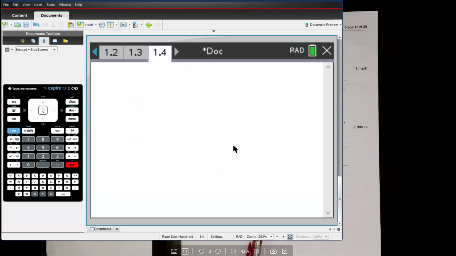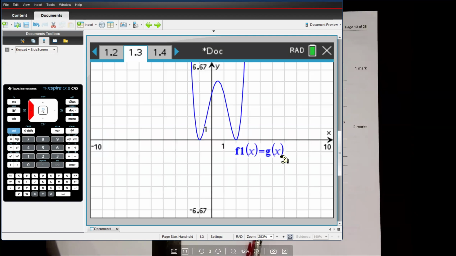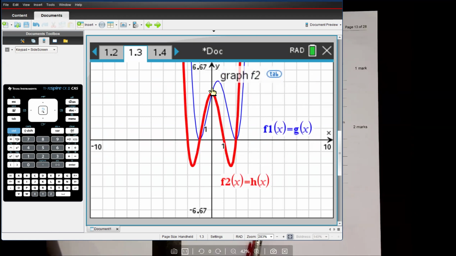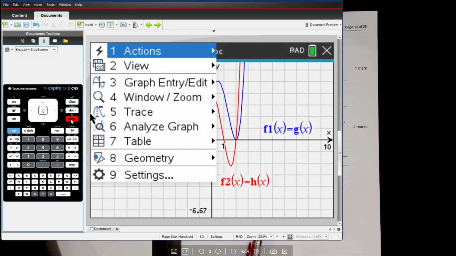Let's say h of x is assigned to x squared minus 1 times x squared minus 4. Okay, basically that's the expanded form. And I can just get this is g of x, and then this is h of x. So you can see the maximum turning point of h is at x equals 0, y equals 4, not 0, 0, bear with me.